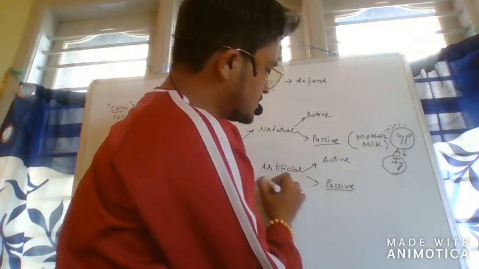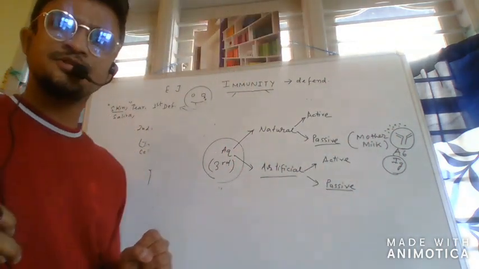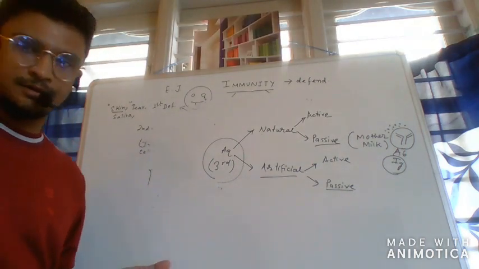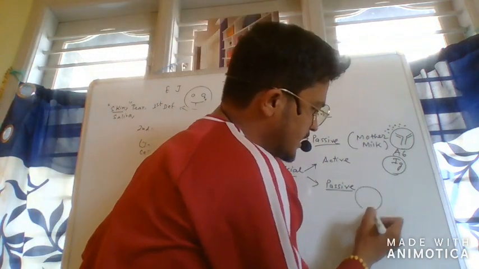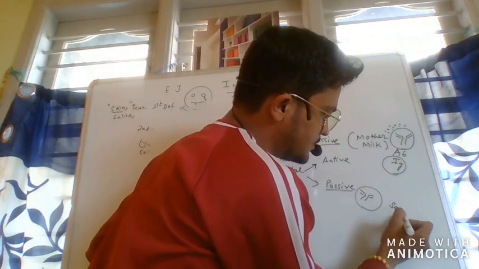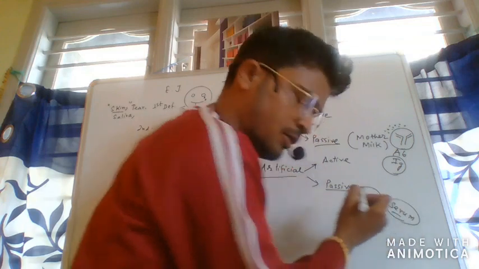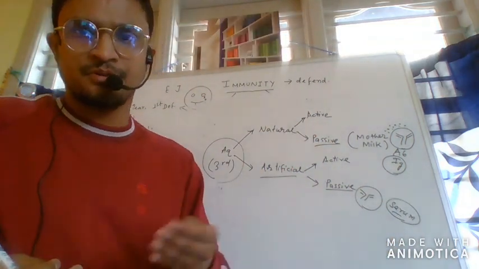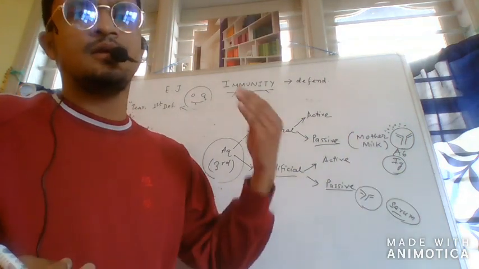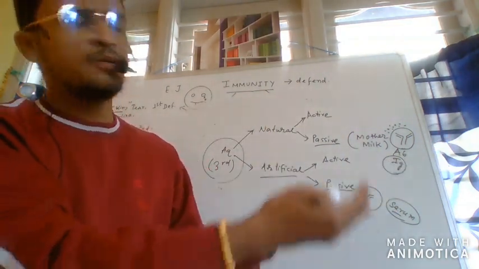And another case is artificial. The natural one, you are obtaining from the mother through placenta or by milk. So that is passive but natural. But when you are obtaining this antibody from a serum like horse or snake, you prepare those antibodies in response to that particular antigen in another organism.